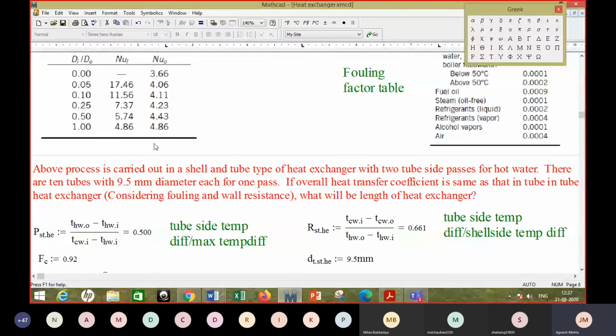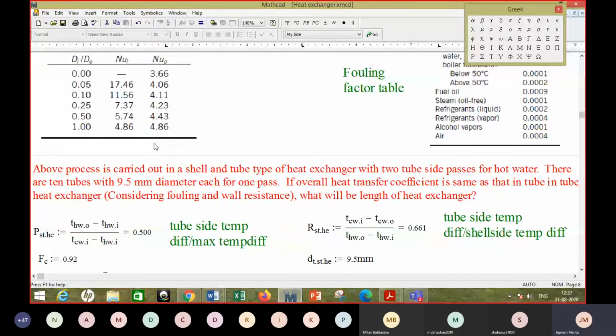I have used 0.92, right? But check and tell me whether you get that value or not. I'm not telling you to do it now, but later on you can do it and post your answer, the F value according to the formula.